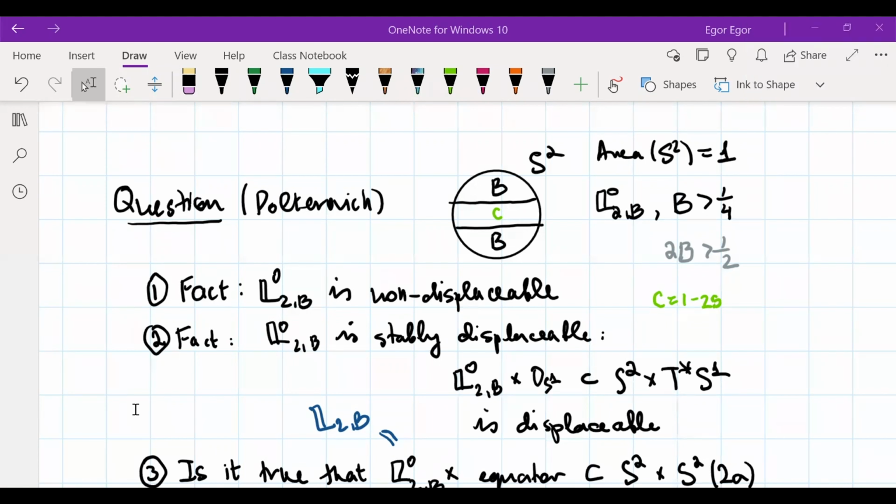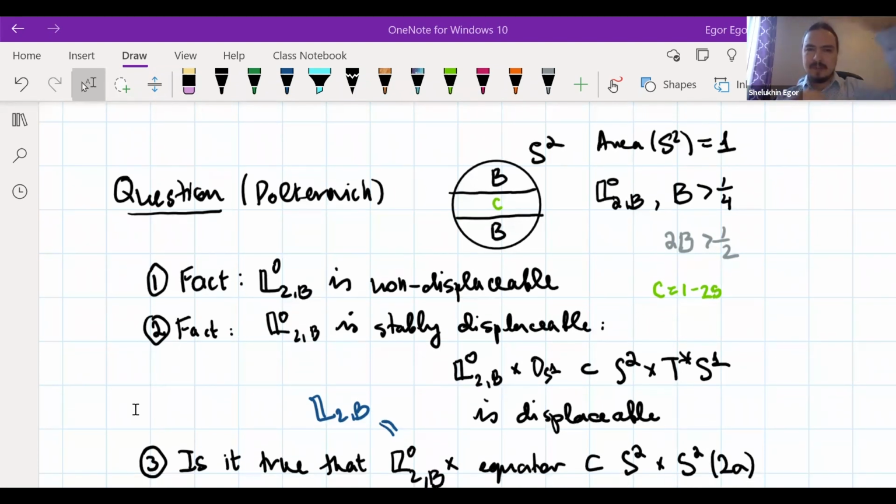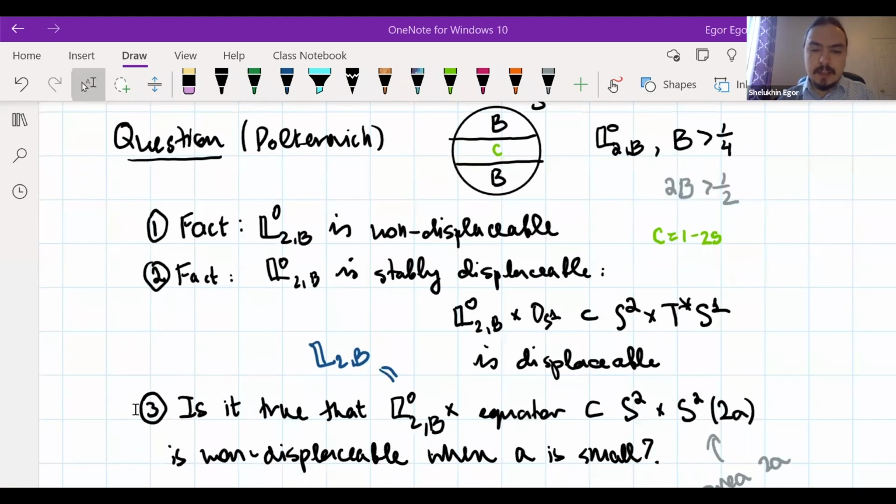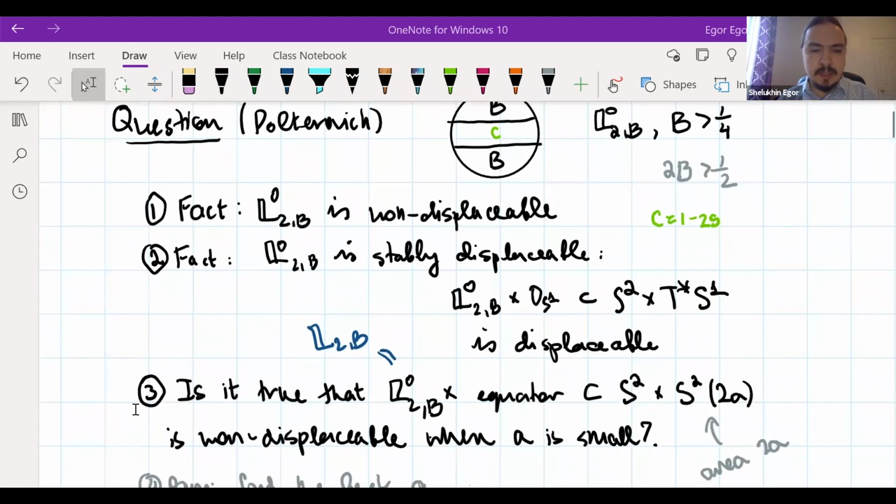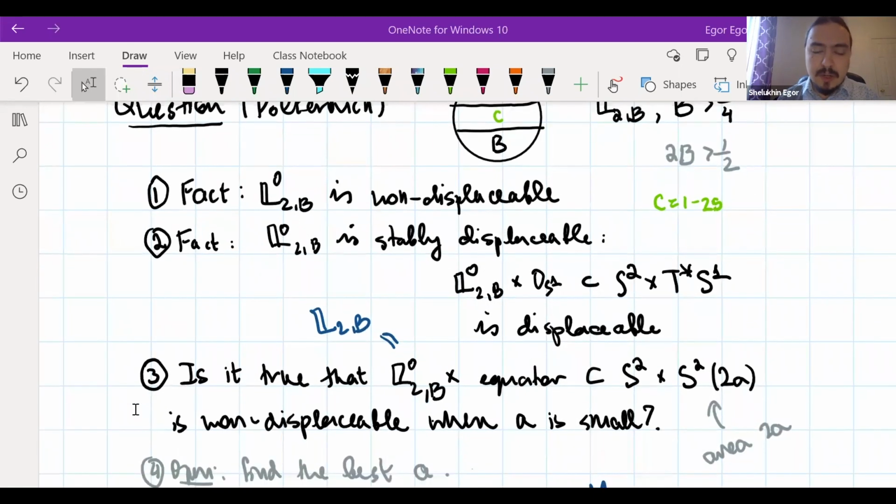Basically because there is a loop of Hamiltonian diffeomorphisms that is contractible, which is kind of the double rotation, and it is non-zero on both components. So the suspension displaces.